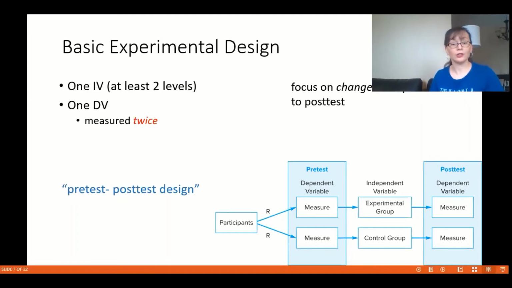And so we might want to give our participants some kind of memory test to begin with, to just be able to see what their memory ability is like to start. And then we can introduce our independent variable, and then we can take that into consideration to make sure that our groups really do look the same at the beginning of the experiment. Again, usually we don't need to do this. If we've randomly assigned our participants, then we can probably skip this.